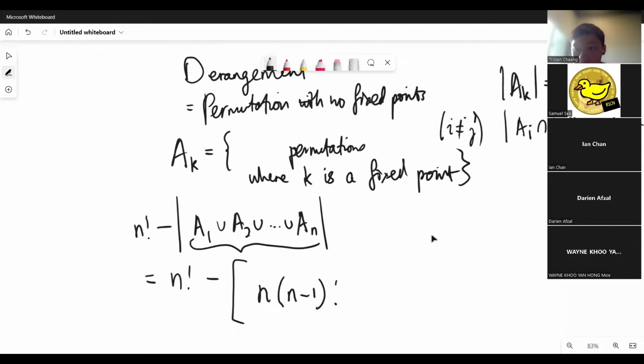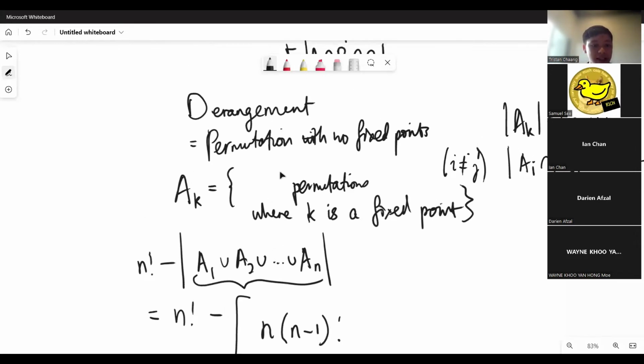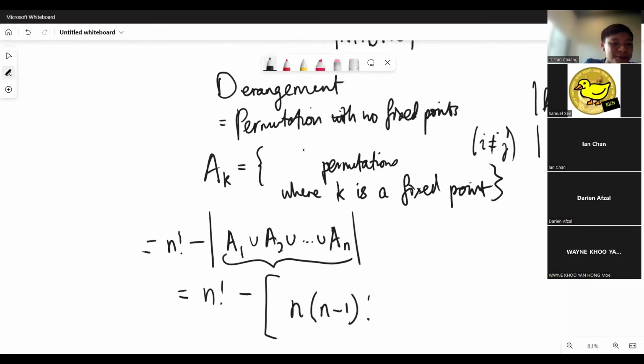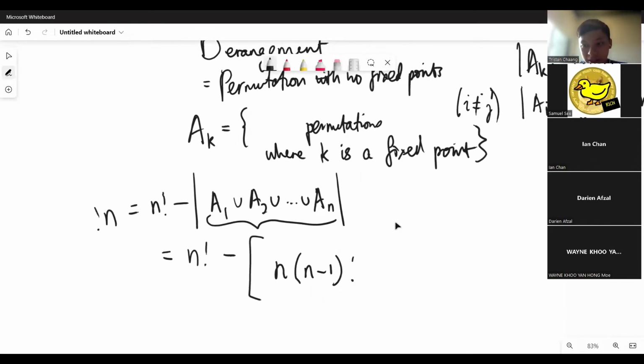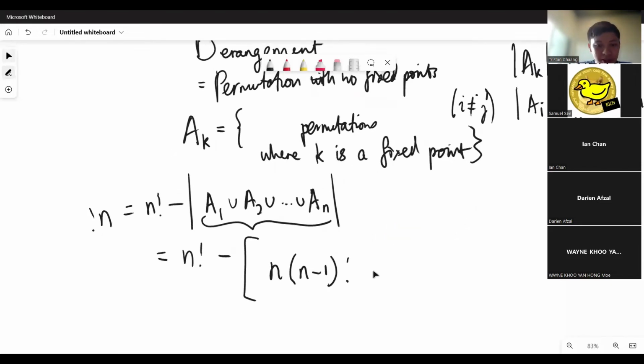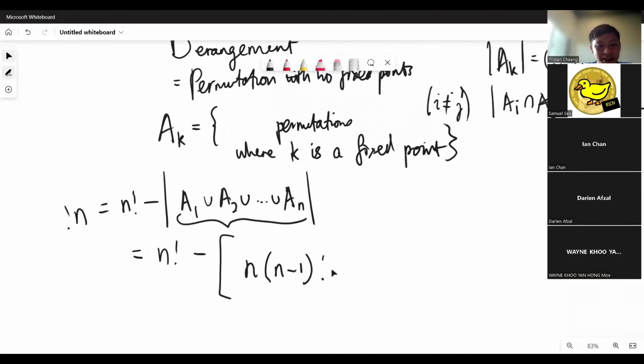The derangement count is denoted like this by some people. So this is the number of derangements with n total numbers. But let's just continue computing this. Now I subtract the intersection of the pairs.